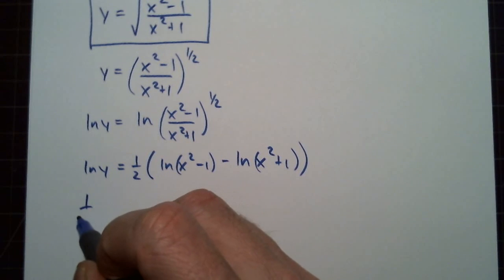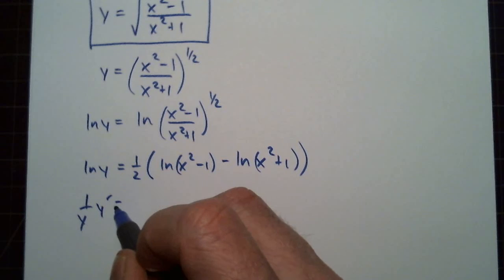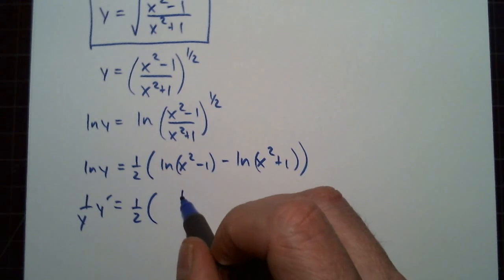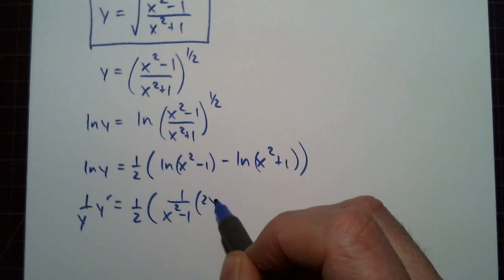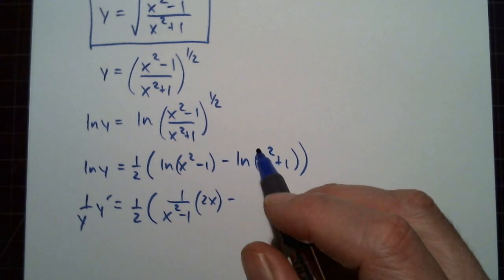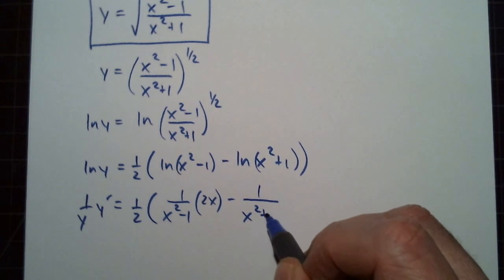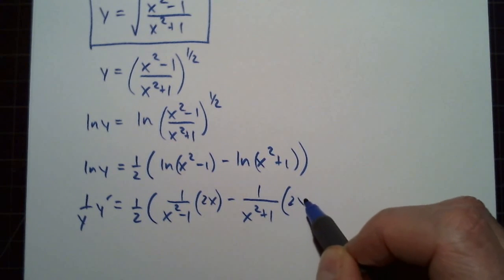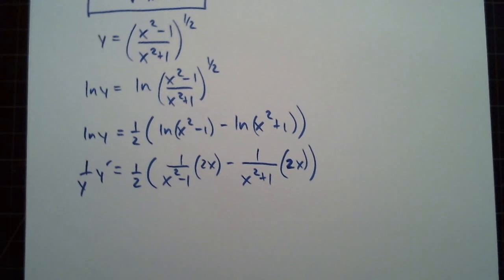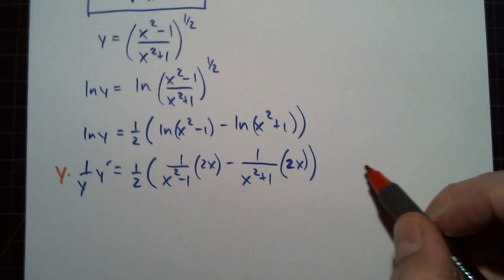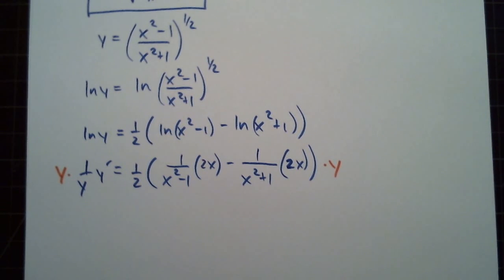So we have the derivative of ln y as 1 over y times y prime. We'll take the derivative of that: 1 over x squared minus 1 times the derivative of this is 2x. The derivative of natural log, we have 1 over x squared plus 1 times the derivative of that is 2x. And we want y prime by itself, so we'll multiply by y on both sides. We can do some canceling here.